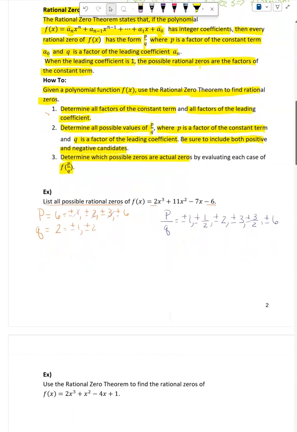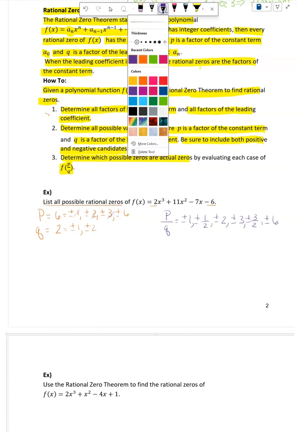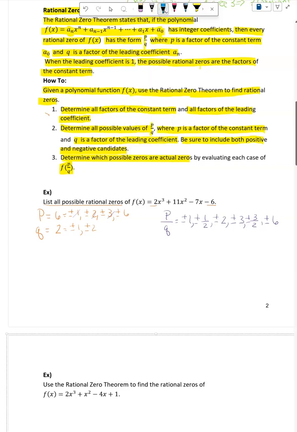So now we start by plugging them all into my f of x. So I'm going to have f of negative 1, f of 1, f of negative 1/2, f of 1/2, f of negative 2, and f of 2.